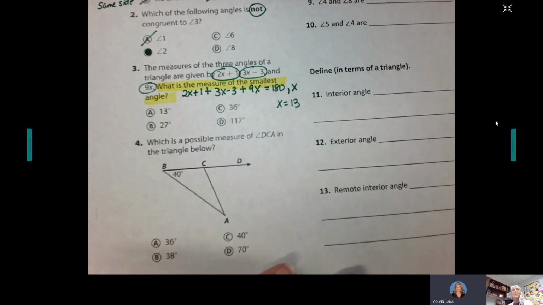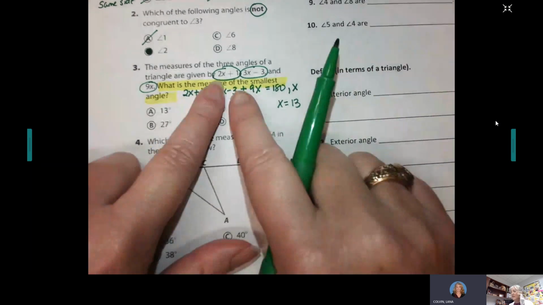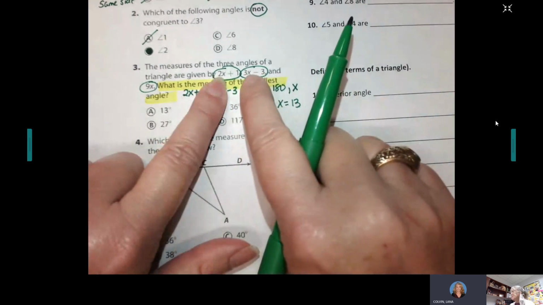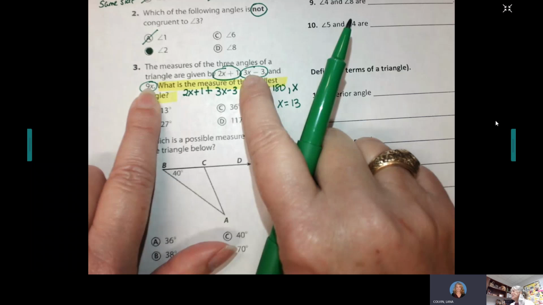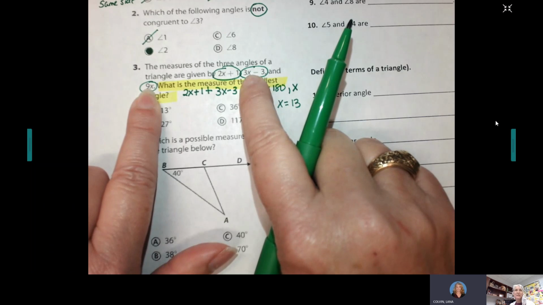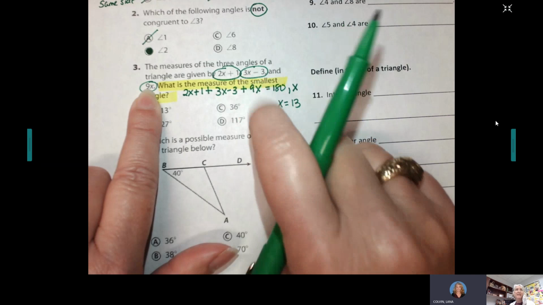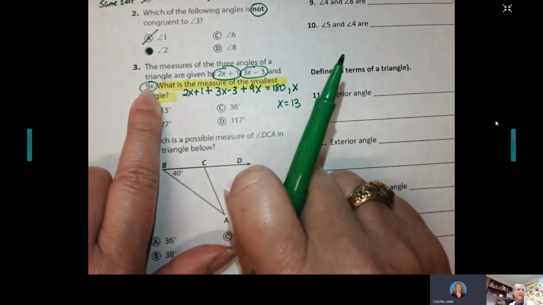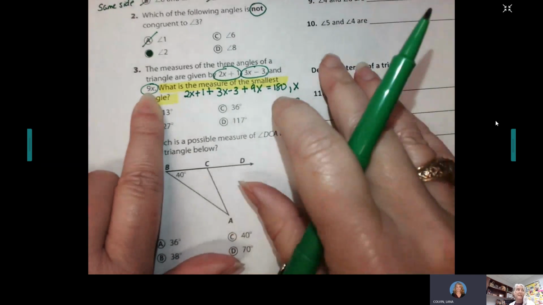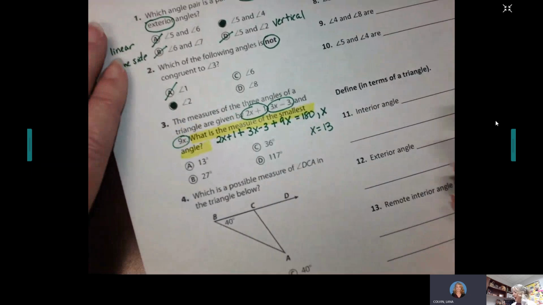Think about multiplication. This means 2 times x, this means 3 times x, and this means 9 times x. Which one would be smaller? 2 times x is going to be the smallest angle.